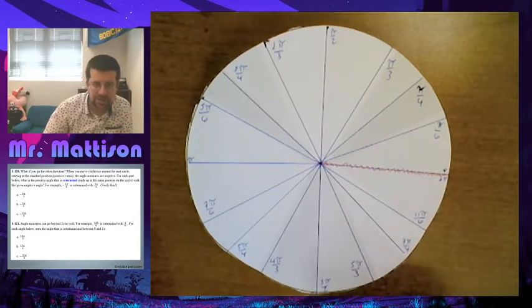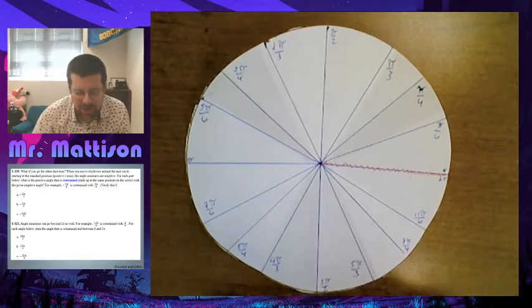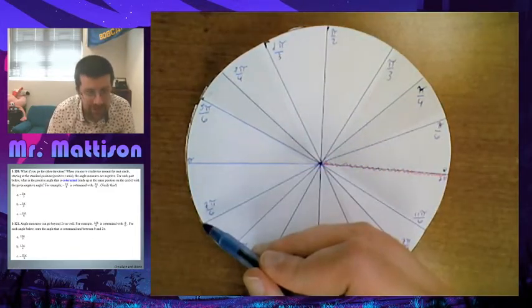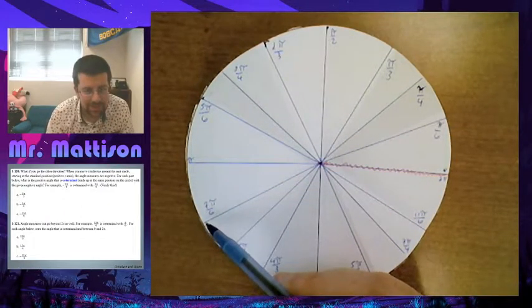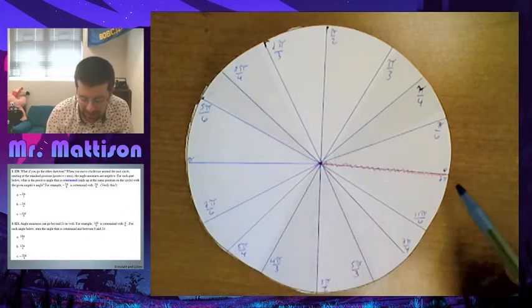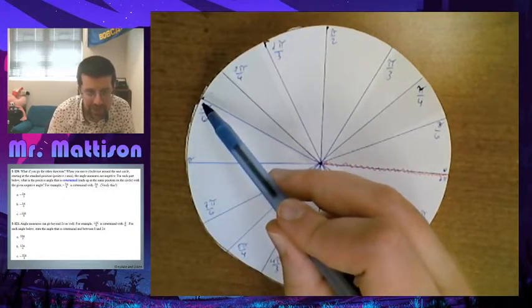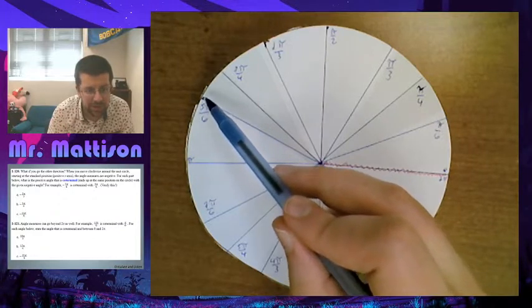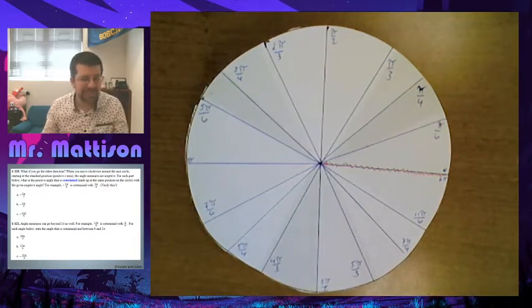So negative 7 pi over 6: 7 pi over 6 is that far, a half circle and then one more sixth step. So negative 7 pi over 6 is a half circle in this direction and then one more sixth step from that. That would be coterminal with 5 pi over 6. They both stop at the same place.